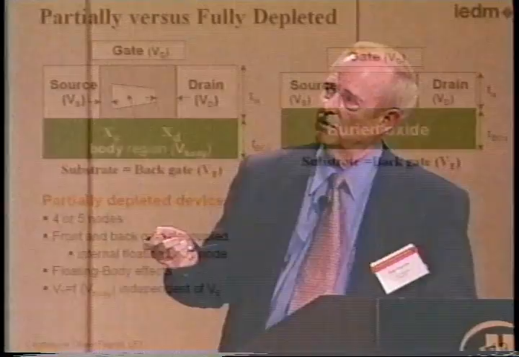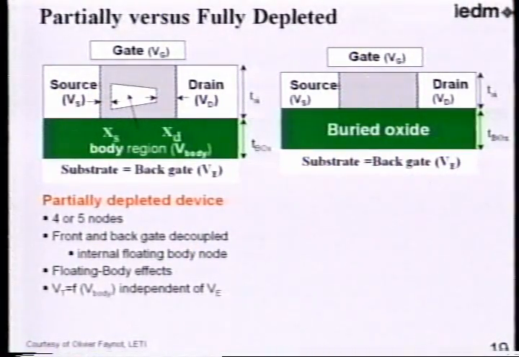So if you look at the partially depleted device, we have this floating body in here, which can produce an extra node. You have the gate, source, drain, and the back bias, and then this floating node. So it has essentially 5 nodes, unless you can thin this a lot.